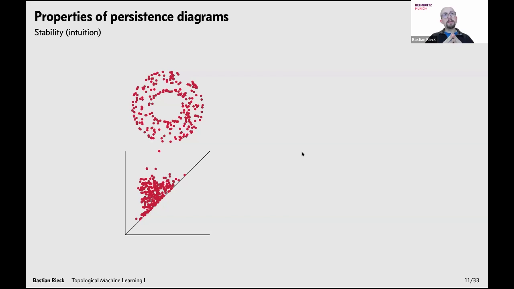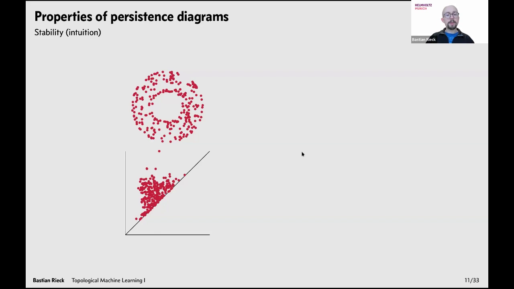I would say the main driver of topological data analysis in machine learning research is actually the stability theorem. And let me illustrate this intuitively here. So stability means that as we change our point cloud, as we change our input data to the persistent homology calculation, the resulting diagrams change in a continuous fashion, and they don't change very much unless we change the point cloud a lot.